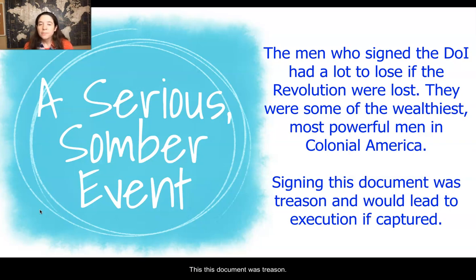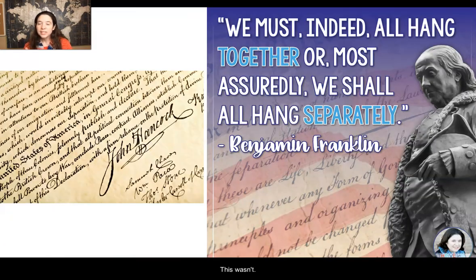This document was treason. And if the revolution was lost, these men would be hunted down and they would be executed. So this wasn't an easy thing to do. Signing the Declaration was a huge risk.